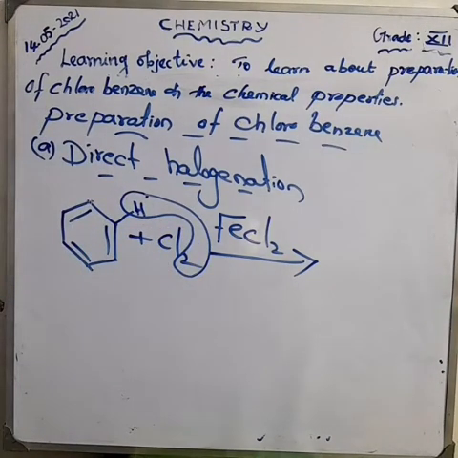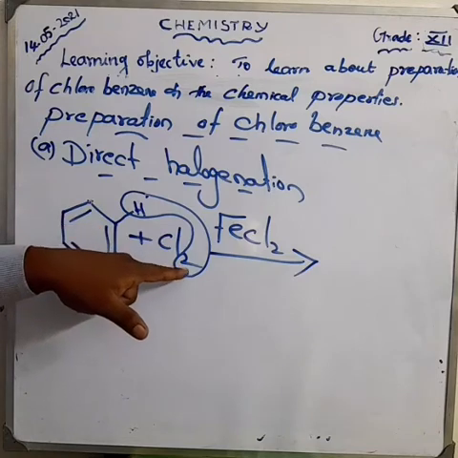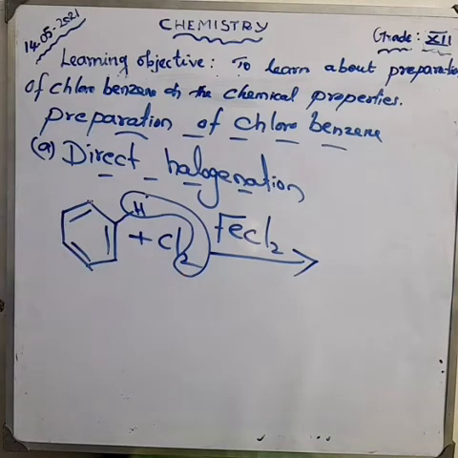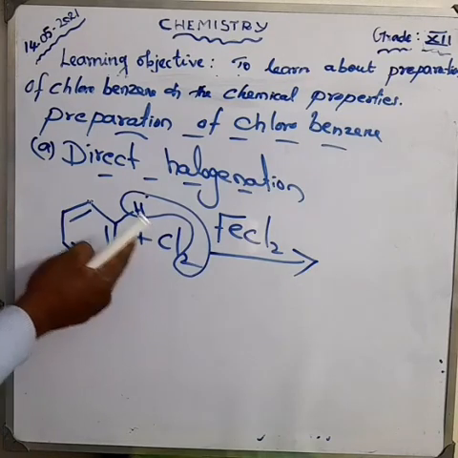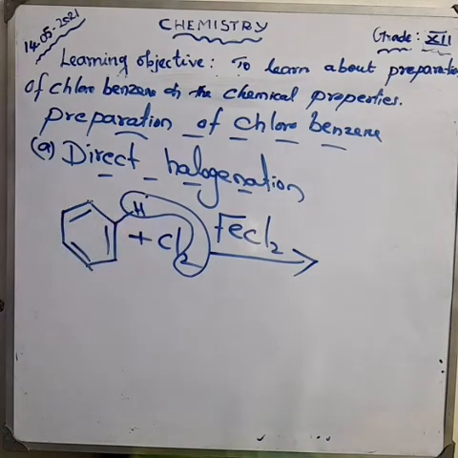One of the hydrogens combines with the chlorine to form HCl, and only one chlorine atom will be attached here.